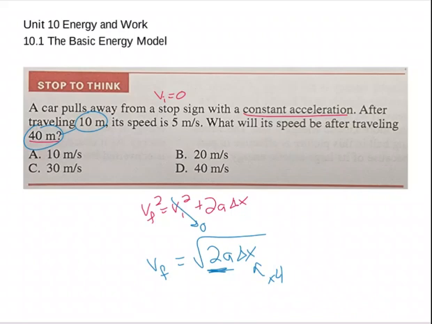So if our speed was 5 meters per second, that factor of 4 on the delta X got square rooted and became 2 for the VF. That means that the velocity doubles. So the answer is 10 meters per second. That dude is slow, in my opinion.